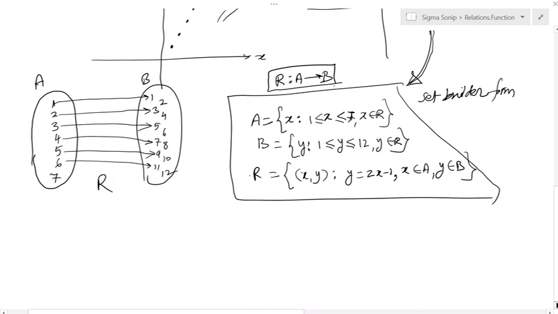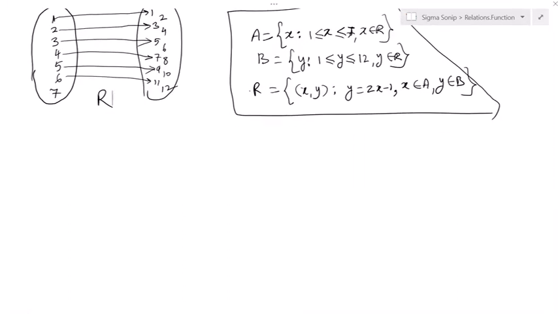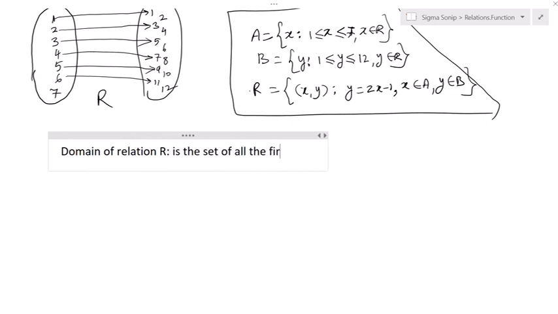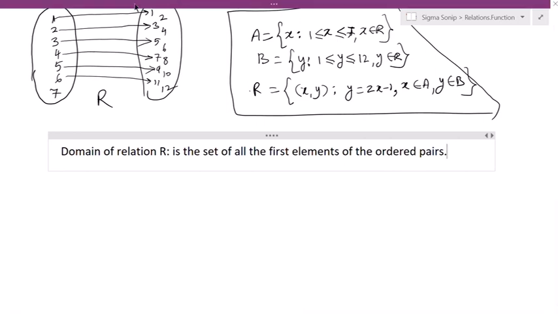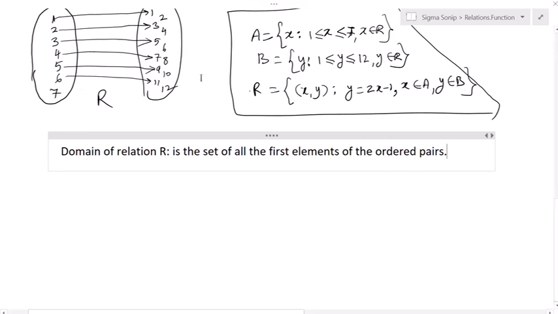Now we need to also look at a few definitions. The first definition is domain. I'll type it up because it will be easier to read. The domain of relation R is the set of all the first elements of the ordered pairs. You can look in the roster form, or in the arrow form as well.